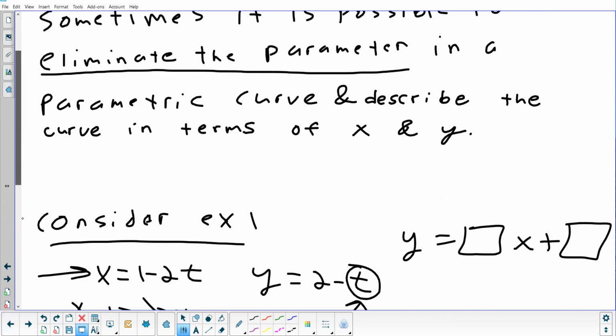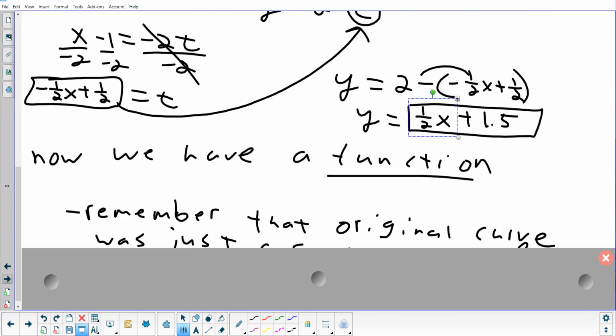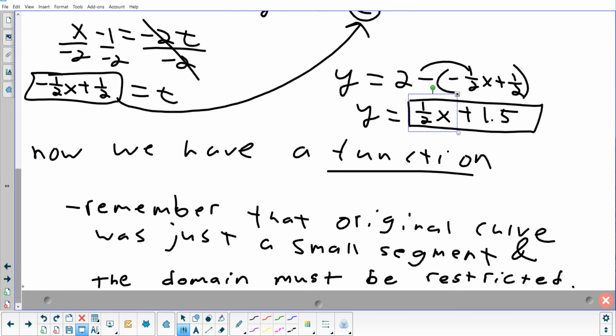So part of eliminating the parameter is making sure you restrict the domain. So technically, what you need to add to the answer to this problem is this. That is just as much a part of the answer as the formula.